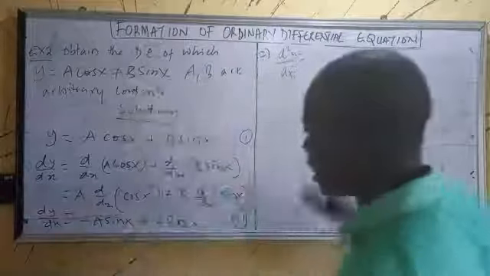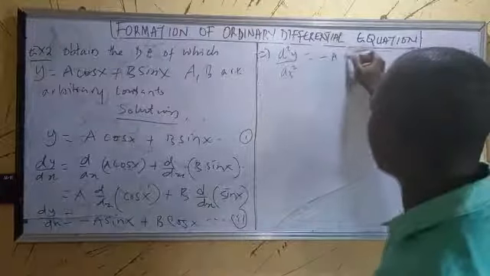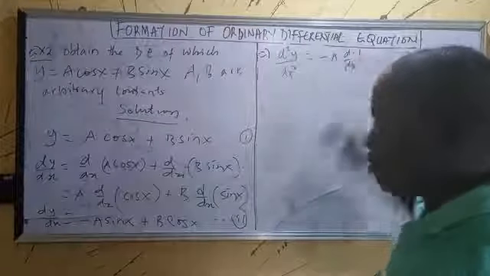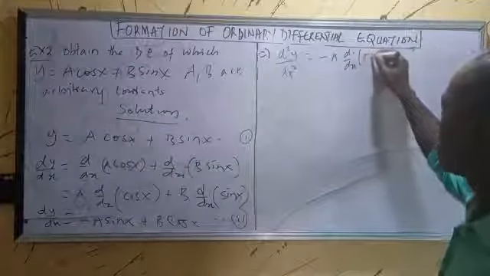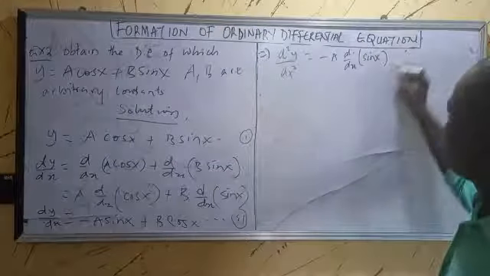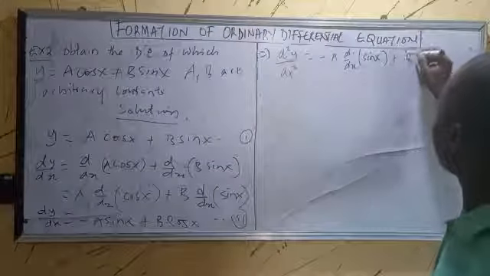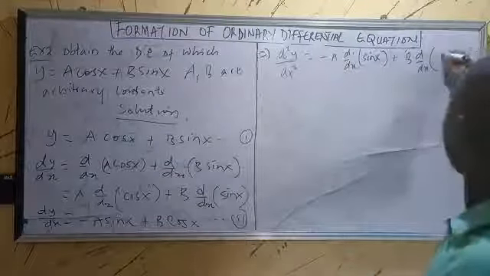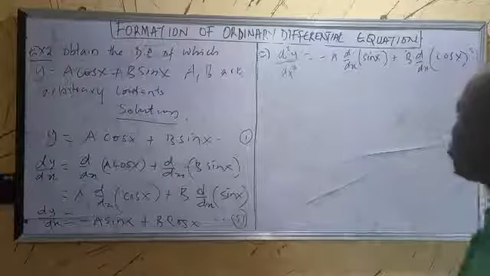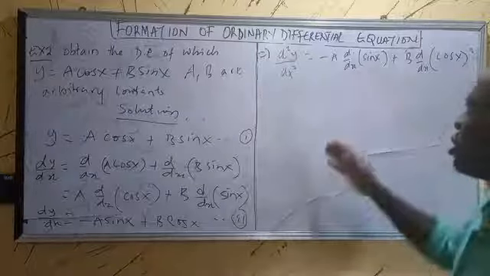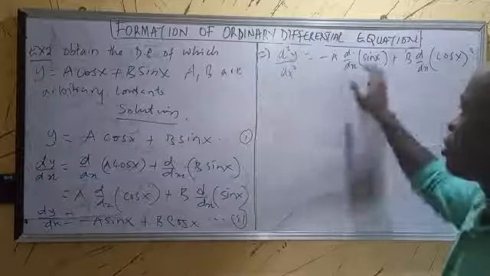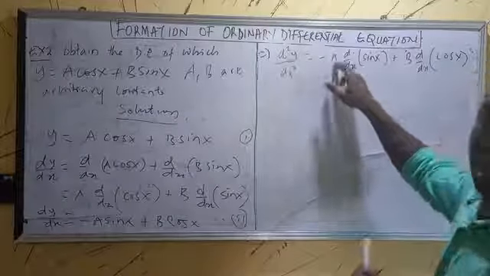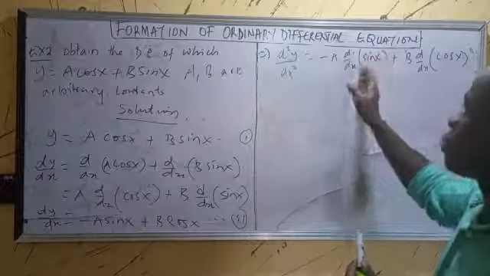We have minus a d/dx of sin x, then plus b d/dx of cos x. The reason why I'm bringing the constant out is that we can't take the derivative of this constant here, understand? So we bring it back.